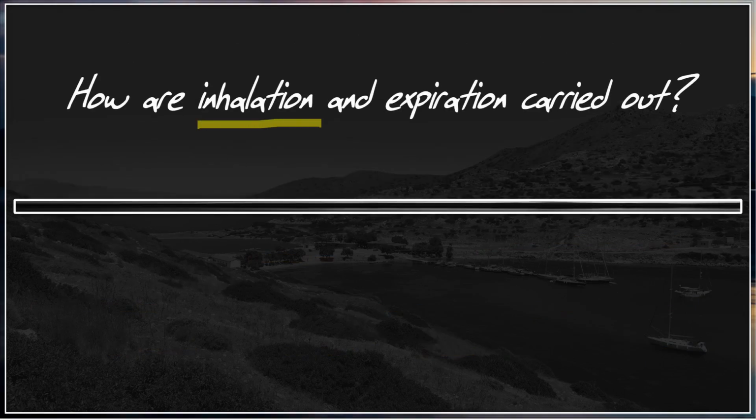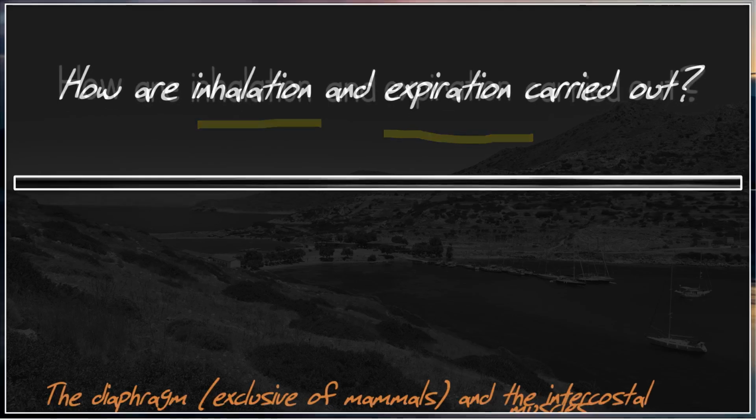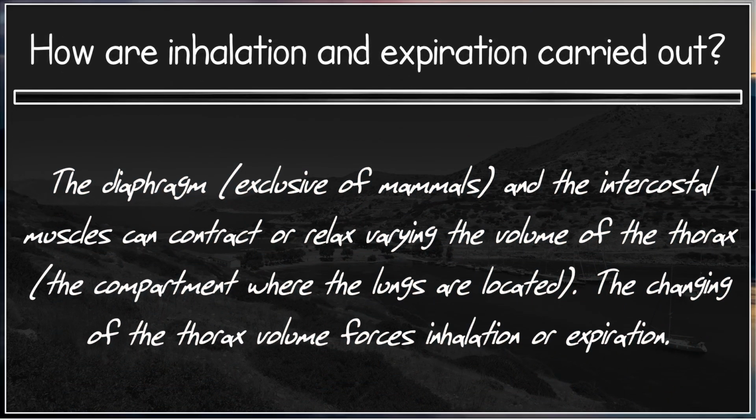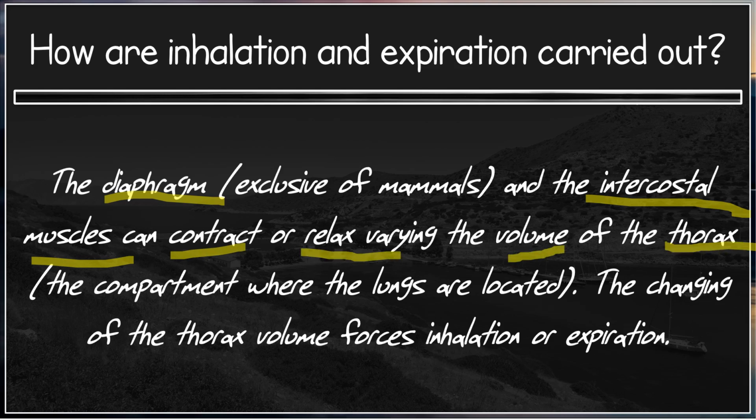How are inhalation and exhalation carried out? The diaphragm, exclusive to mammals, and the intercostal muscles can contract and relax, varying the volume of the thorax, the compartment where the lungs are located. The changing of the thorax volume forces inhalation and exhalation.